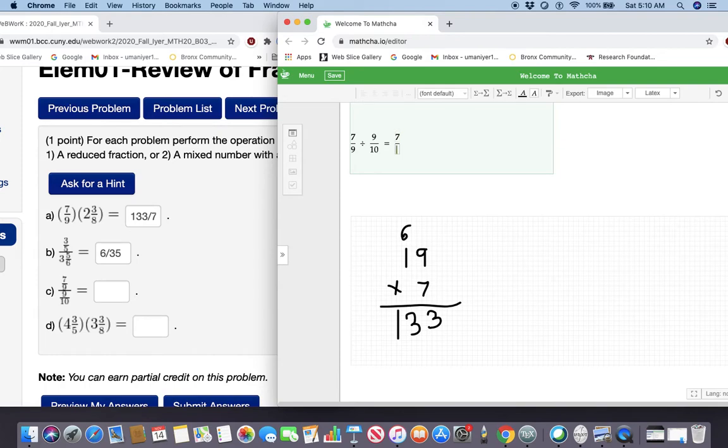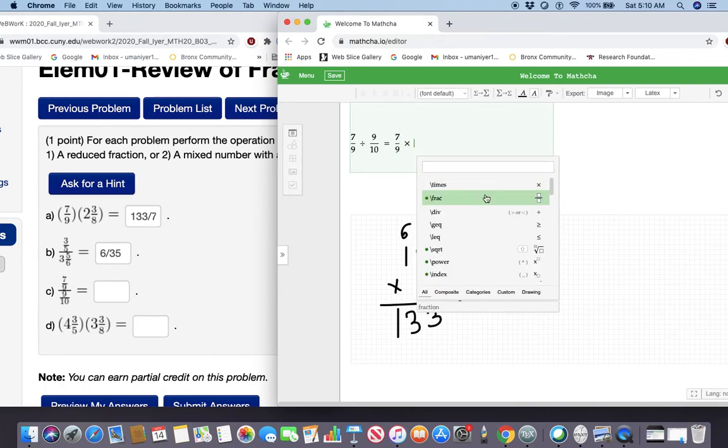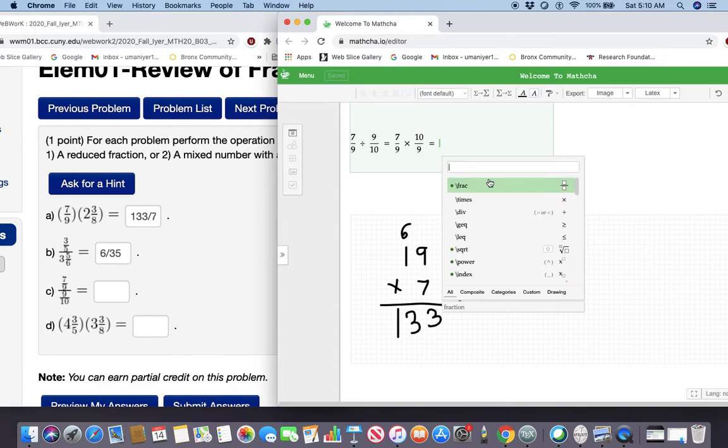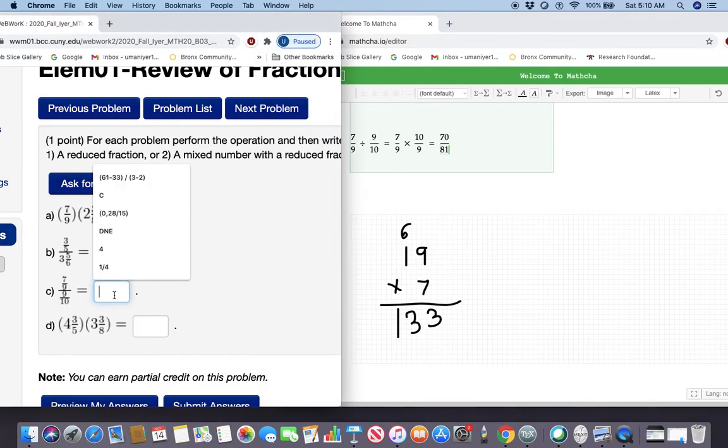So 7 over 9 times the fraction, I'm going to take the reciprocal of this. In all of the numerators and all of the denominators, there is nothing common. So I simply have to multiply. So this is 70 over 81.